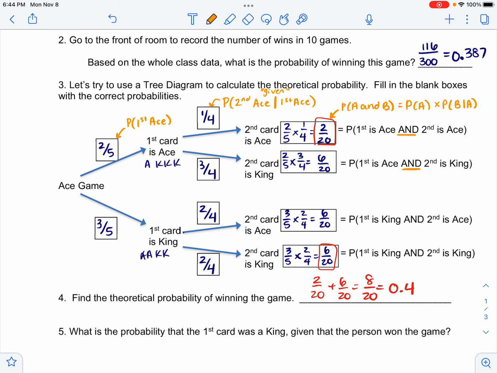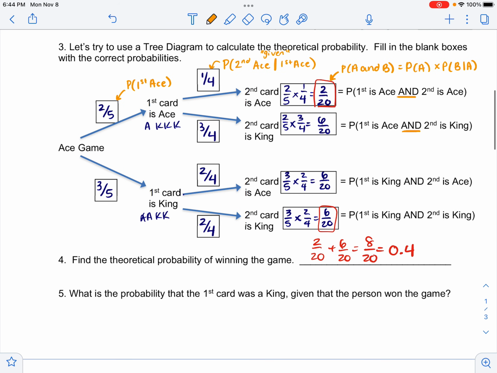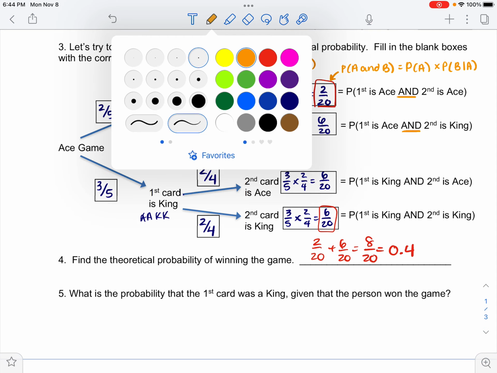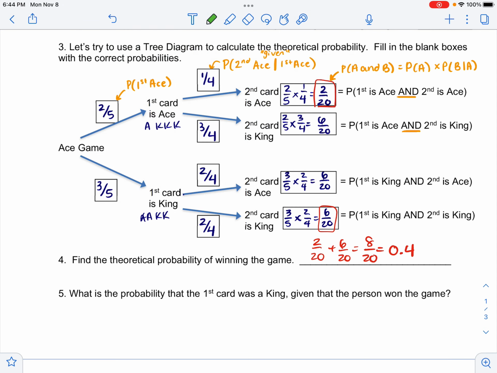Now, another thing I want you to notice, at the end of this tree diagram, we have our 4 possible outcomes. And these 4 possible outcomes are all of the potential outcomes you could have.